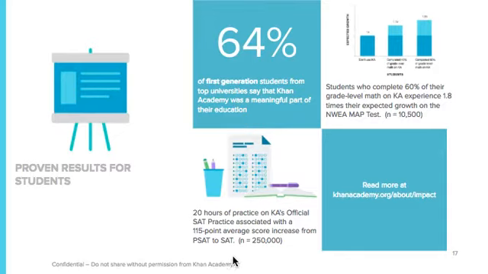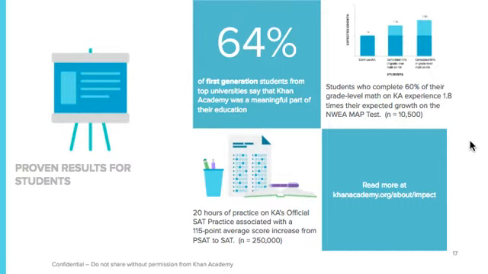So this isn't the AP test. I'm sure this data will come out next year if your students are using it. But a 115-point increase by using a very similar format, as SAT and Khan Academy are partnered together, and the College Board also partnered for the AP Calculus test.